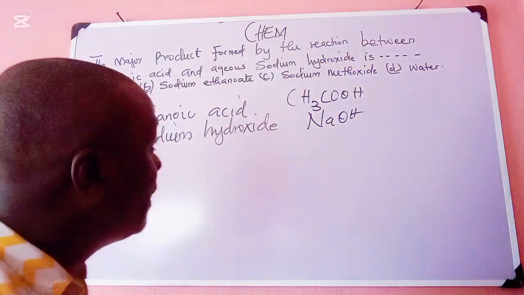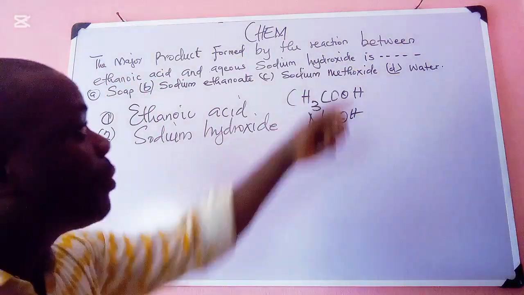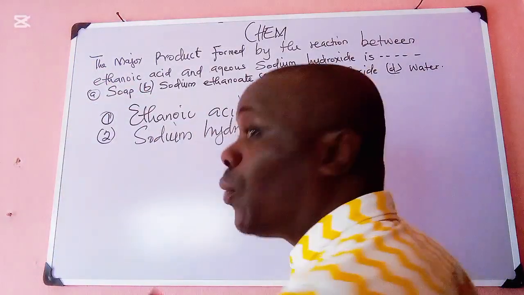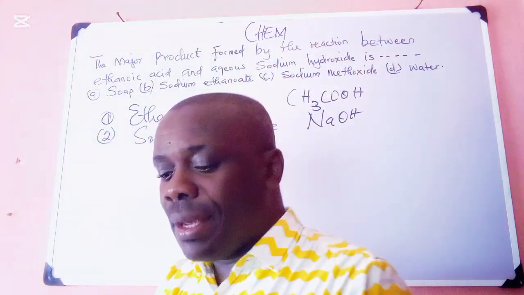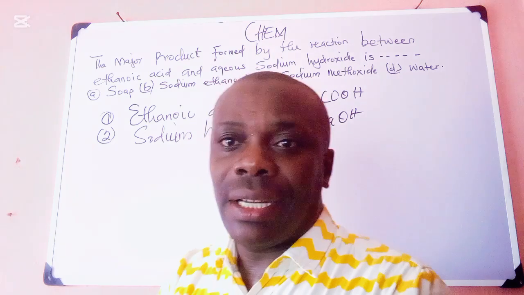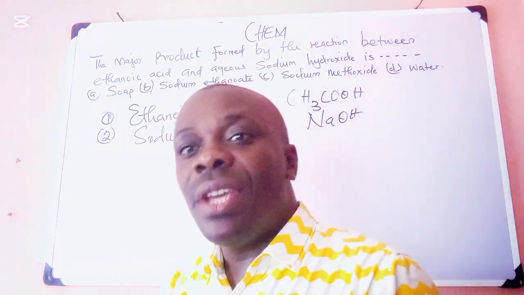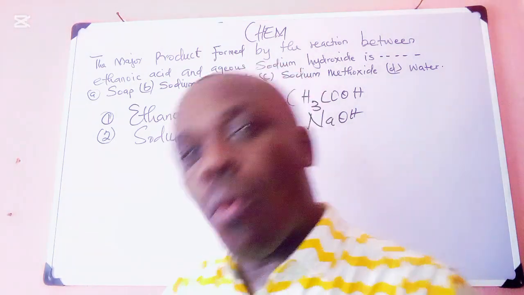So let's look at them because we are looking at the end product. When an acid and a base react together, their end product will be a salt and water.